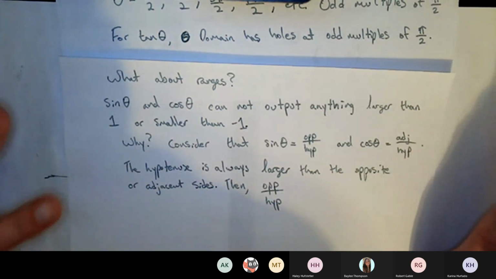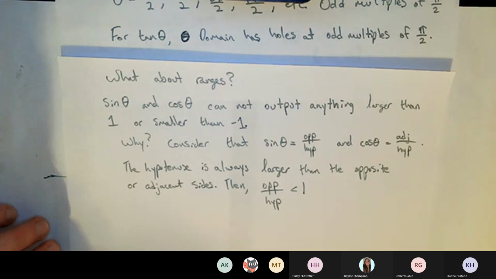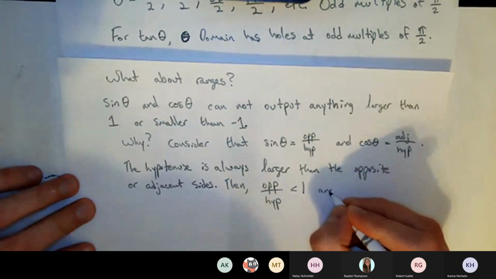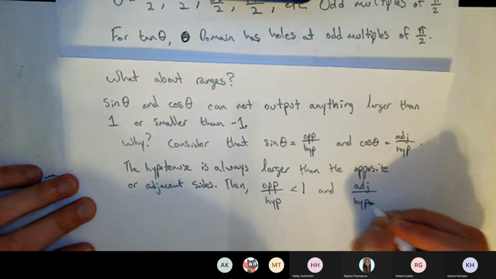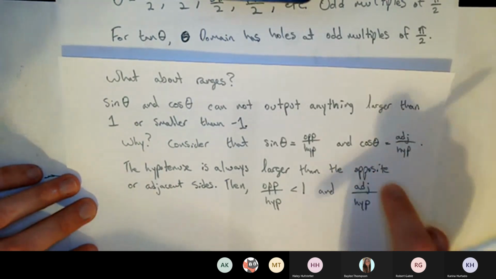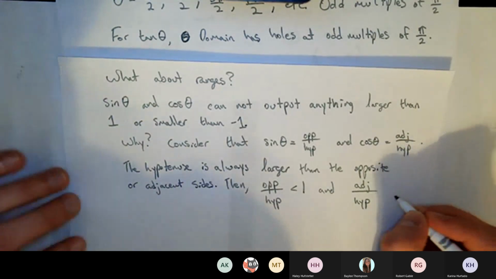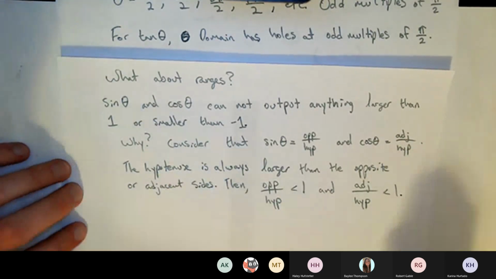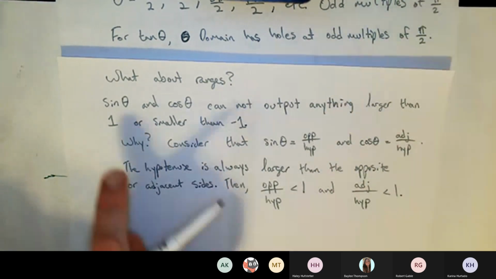Then it's a proper fraction and it's less than 1, right? And similarly over here, by the same argument, if the denominator is always larger than the numerator, like 2/3 or 1/2, then it's a proper fraction and it's less than 1. That's why the range of sine and cosine is bounded by 1.